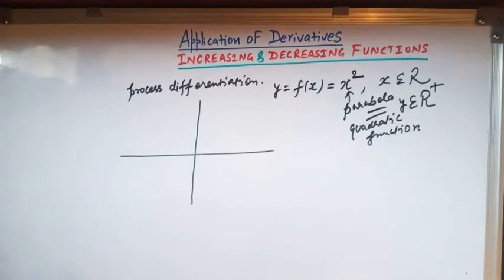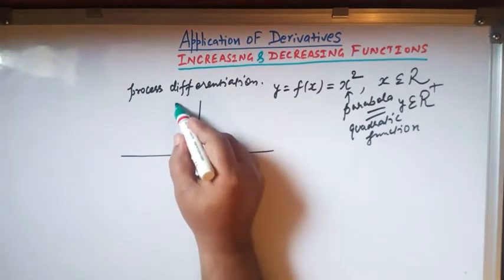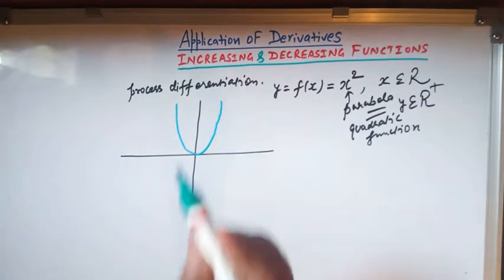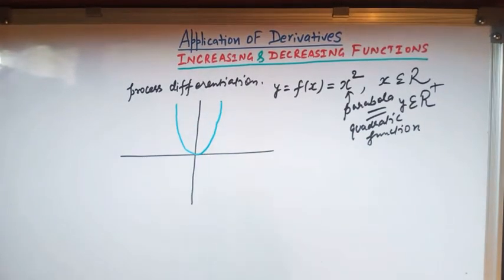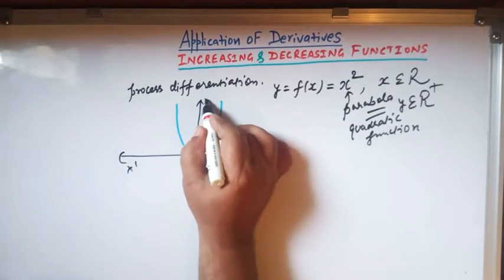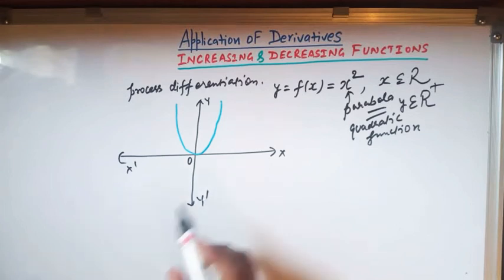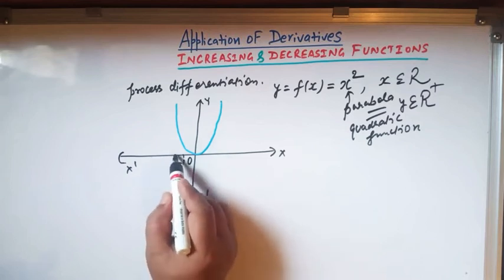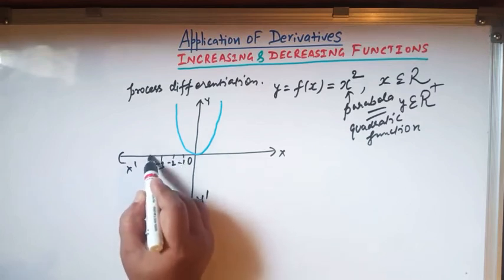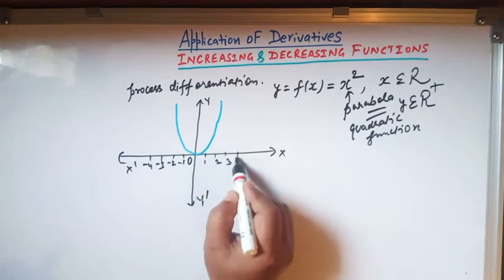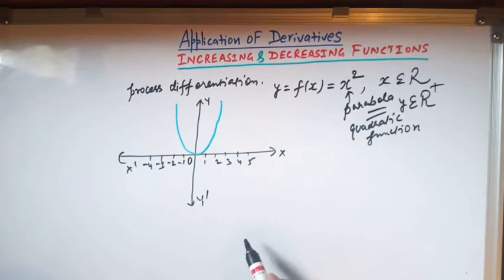Clear? Now if we plot the graph of this function, then we see that we have a parabola like this. Clear? Now if we analyze the graph, here we have -1, -2, -3, -4, and here we have 1, 2, 3, 4, 5, and so on.